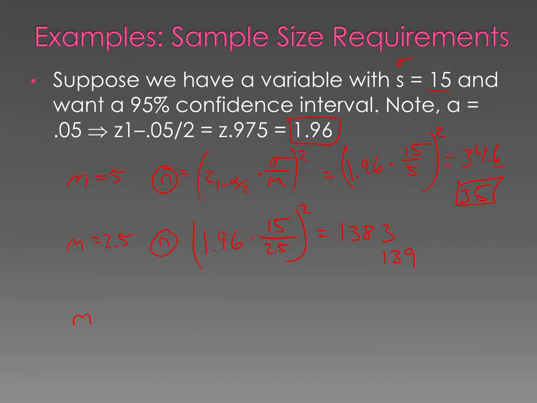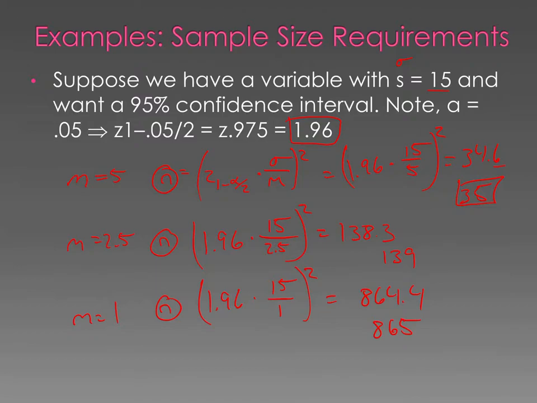Say you only wanted a margin of error of 1, and you wanted to figure out how many people you would need. So you put 1.96 times 15 divided by 1, squared, and you would get a value of 864.4, or 865.